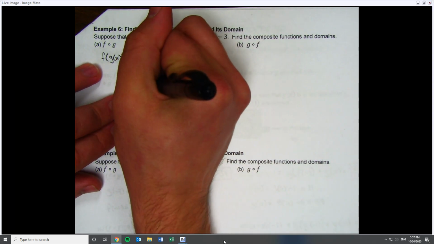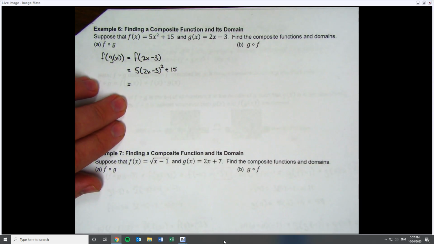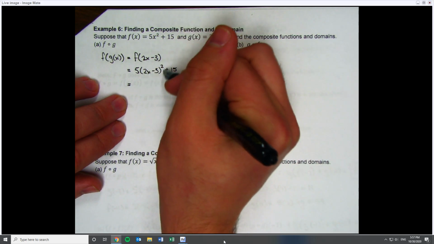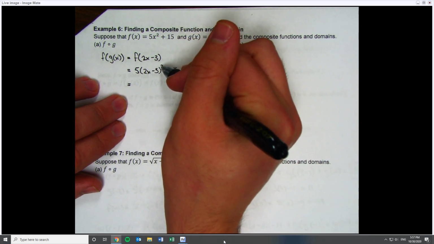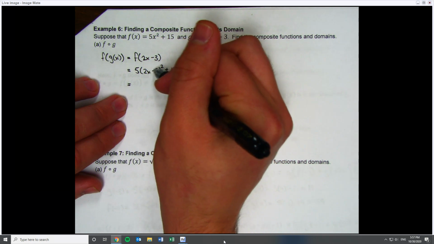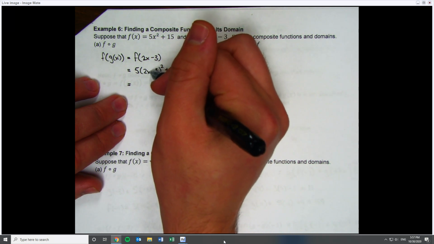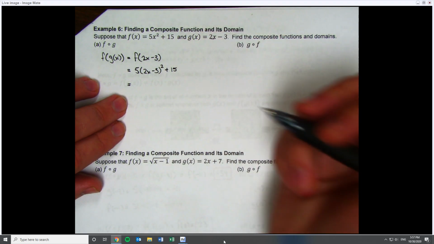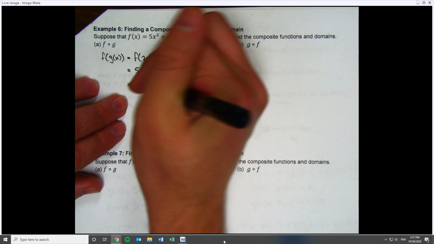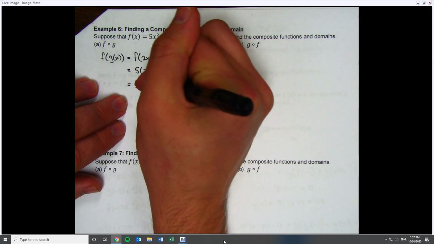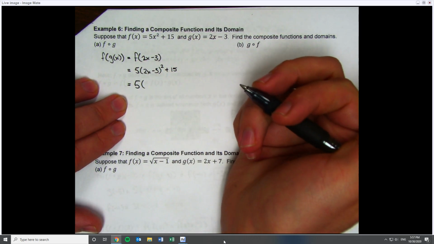Okay, so going through and doing some algebra, this right here needs to be expanded. So hopefully remember that square means times itself. This will be 2x minus 3 times 2x minus 3. So I will leave you to practice the distributing out on your own.